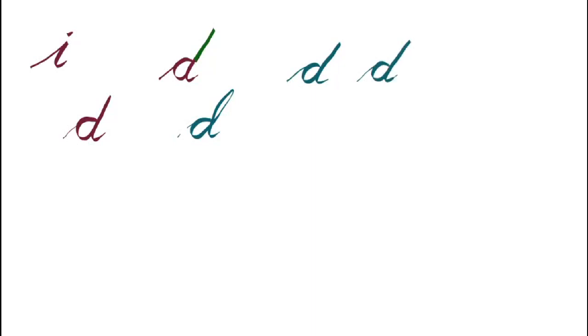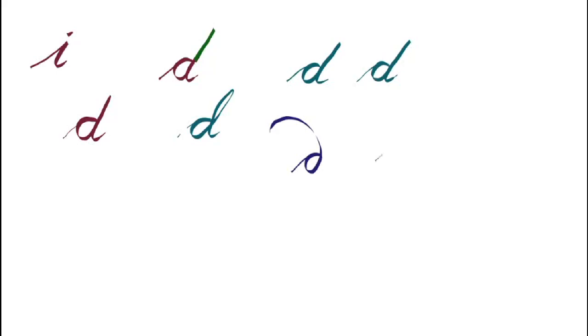There is a variation on the D for a D at the end of a word, and this is formed like this. And then we come up, we come round, and then we simply keep going. So that's a final D at the end of a word. Of course, it has no stroke to continue on with the writing.